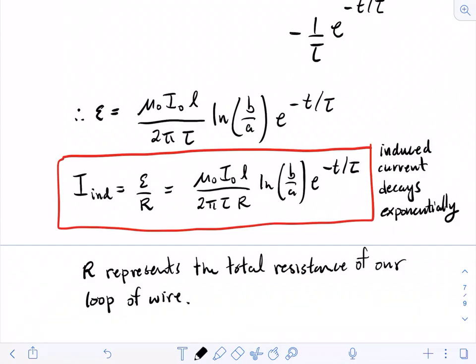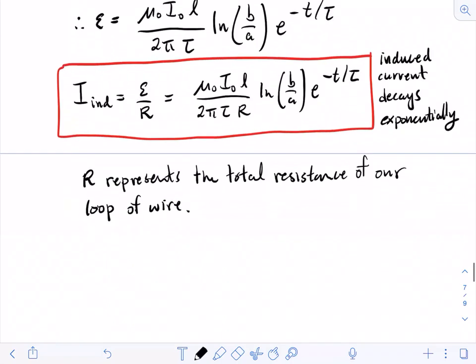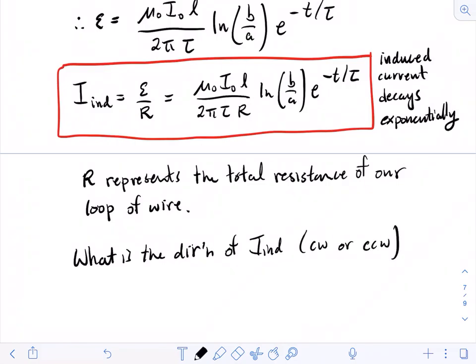The one more question we can ask is, what is the direction of I induced? So is it clockwise or counterclockwise?